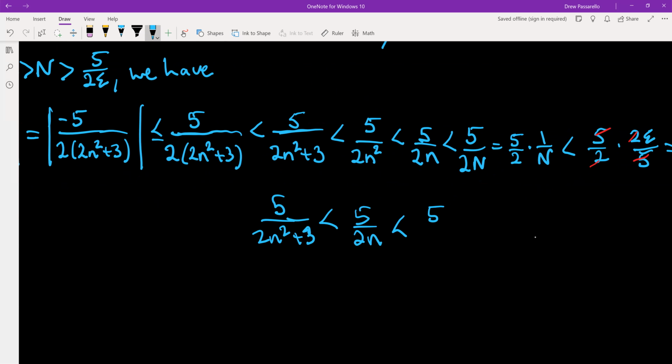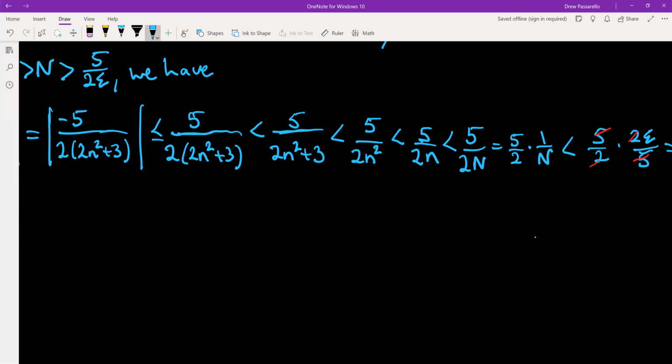And that's less than 5 over 2 times capital N. And then just say that's less than epsilon, if I wanted to make it a little bit shorter. Okay, so that's that example.